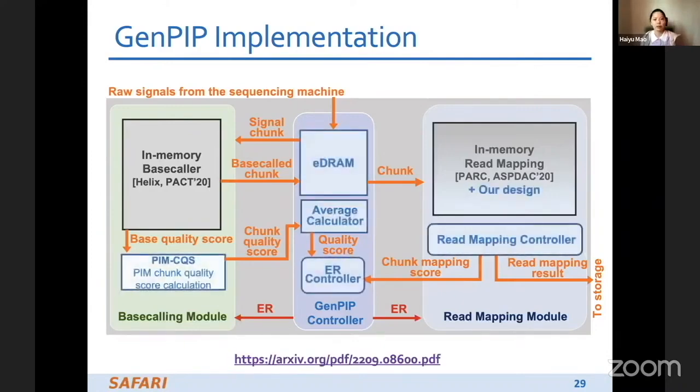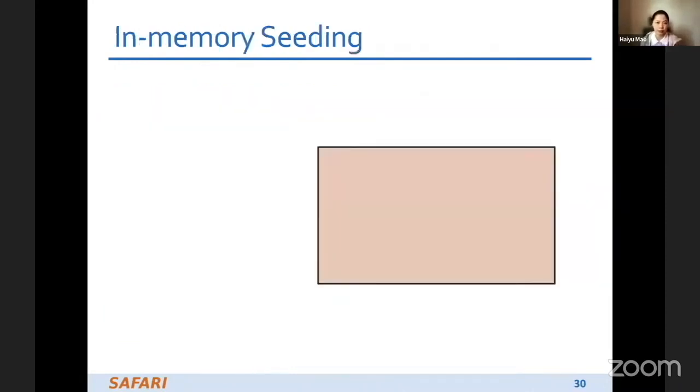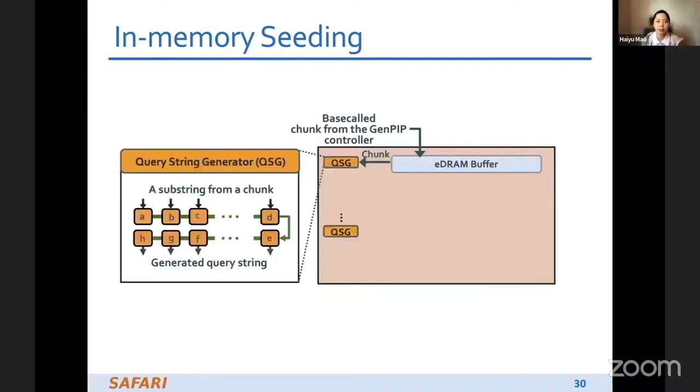So here are the new designs in this project, and it's worth mentioning that we have a very efficient in-memory seeding module. Here we have the base call chunks from the GenPIP controller, and we store them in the EDRAM buffer and forward the chunk to the query string generator.